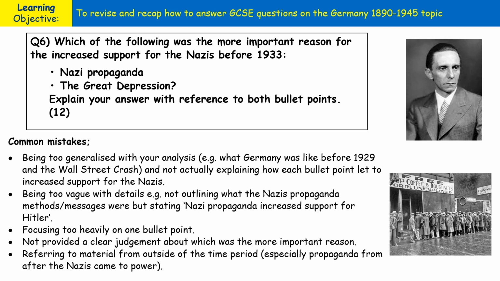The second common mistake was being too vague with details. For example, not outlining what the Nazi propaganda messages and methods were, but just stating that Nazi propaganda increased support for Hitler, without expanding on how the propaganda led to increased support for Hitler.